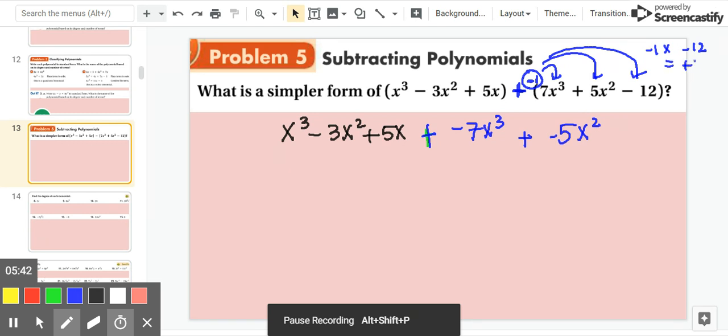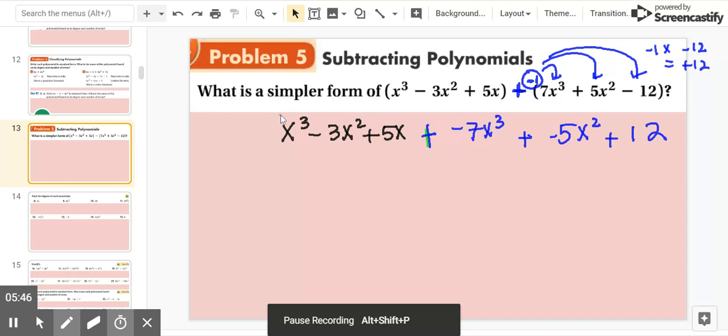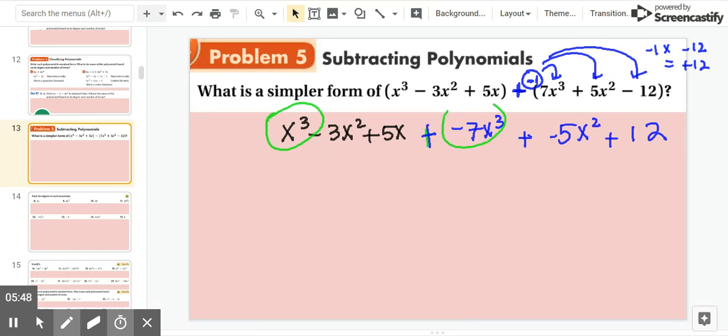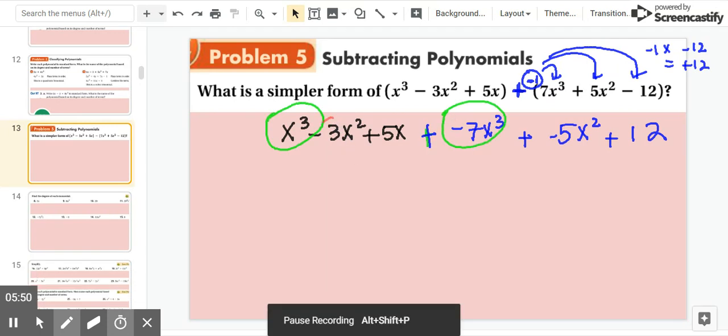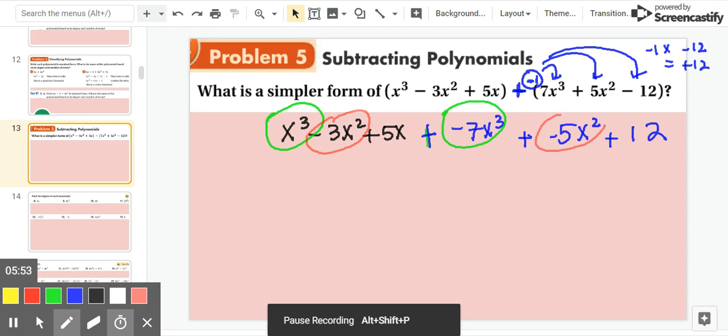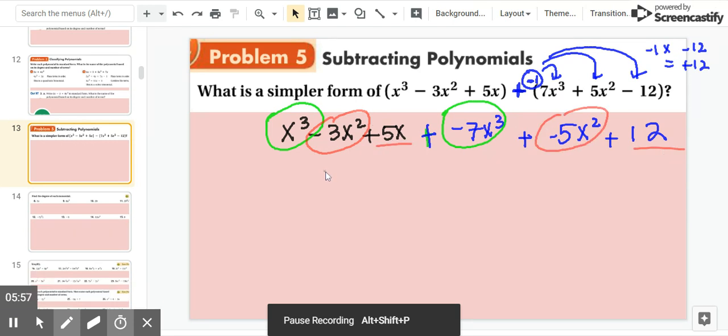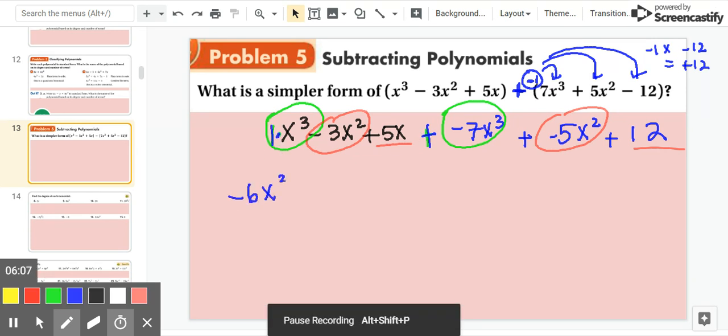It is +12. So now let's circle the like terms. These two are like terms, and these two are like terms, and these don't have like terms. So now what's x to the third power plus -7x to the third power? There's a 1 hiding. So it's going to be -6x to the third power.